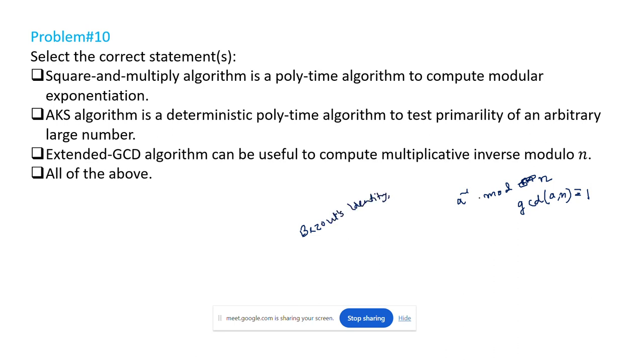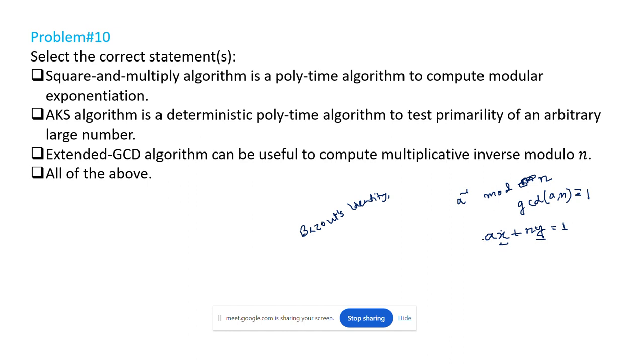due to that relation we can actually express the GCD of A and N as AX plus NY in this form, right? So this will be 1. You can represent it for some integer value x and value y, and the coefficients x and y can be found by the extended GCD algorithm.